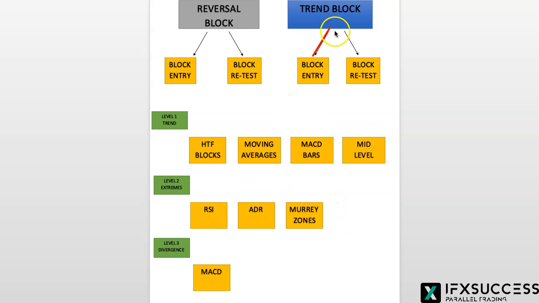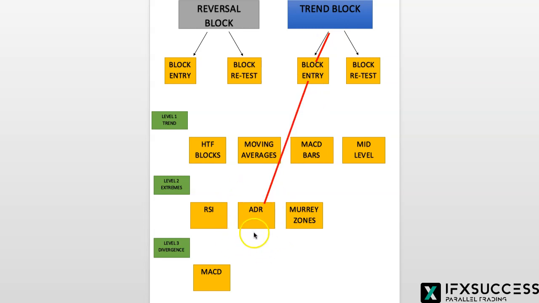Okay, so we can choose to ignore any trend indicator and quickly jump into Murray zones, right? So this would be one opportunity to enter. We can just use a block entry and then enter on any Murray extreme zones, or we can look for a block entry and then maybe ADR.